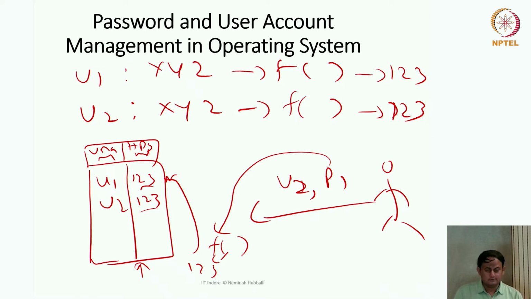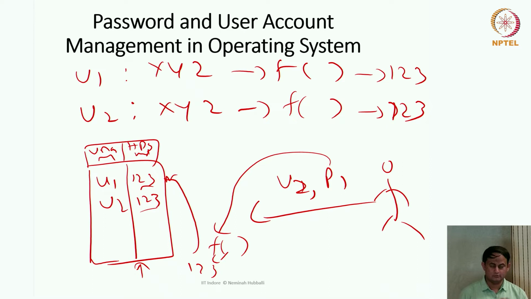So this is another issue. If I maintain the passwords as hash values, and two entries have the same hash values, then one user's password can be verified as the other user's. So this becomes another issue.